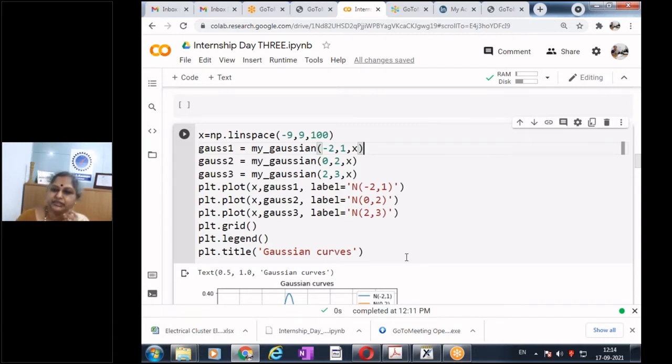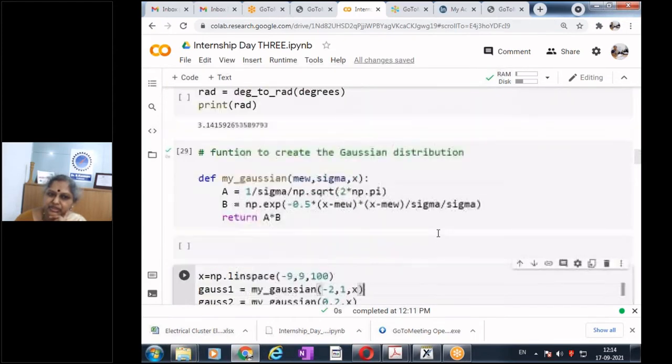Are you doing this? Did you write the function for generating the Gaussian distribution? Please type in the code. You want me to show the earlier function?